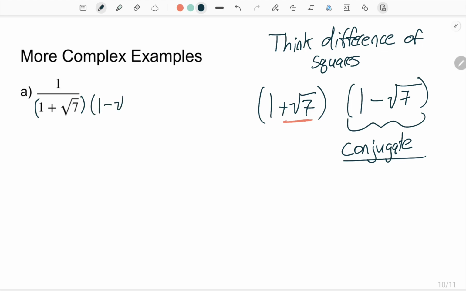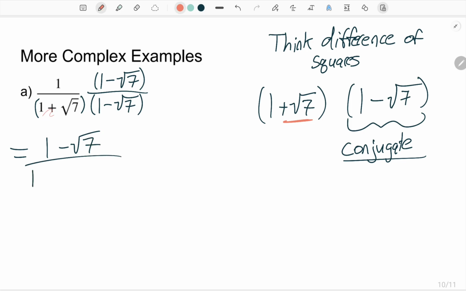So let's see it at work here. So 1 minus root 7. And again, can't just do the bottom. You have to do the top to balance things out. And let's work some magic. So on the top, 1 times 1 minus root 7 is, well, just 1 minus root 7. On the bottom, you have 1 times, well, negative root 7.